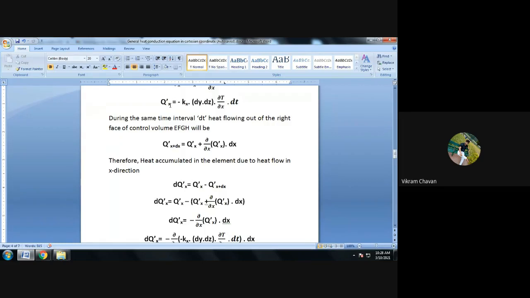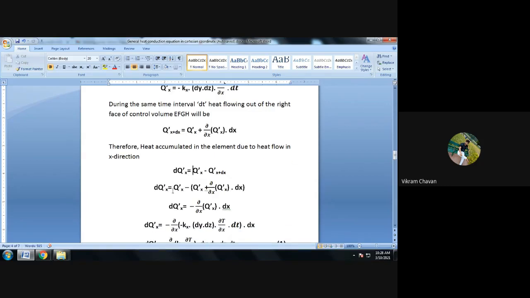Q dash suffix x is the heat entered inside the element, and q dash suffix x plus dx is the heat leaving the element in x direction. So we take the difference of the two here.